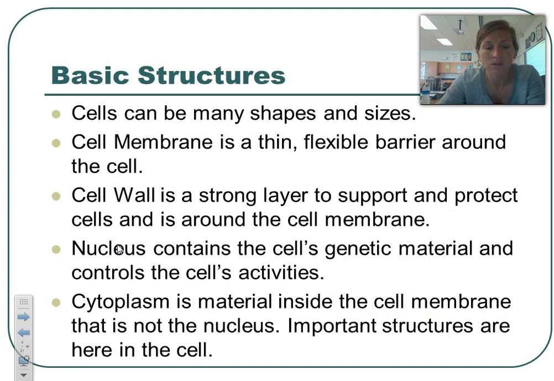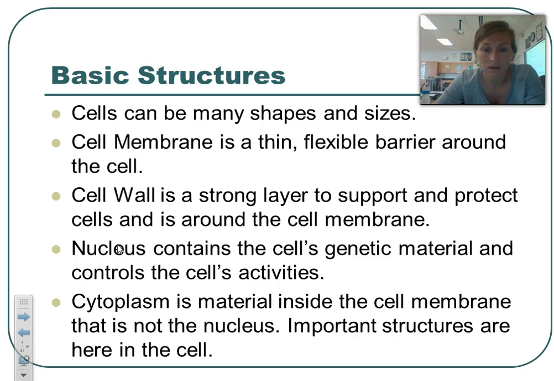The basic structures that are pretty much seen in all cell types are the cell membrane, which is just a thin, flexible barrier around the cell. The cell wall is primarily only in plant cells and bacterial cells, or prokaryotes, and that is a strong layer to support that cell membrane, and it is on the outside of those cell types.